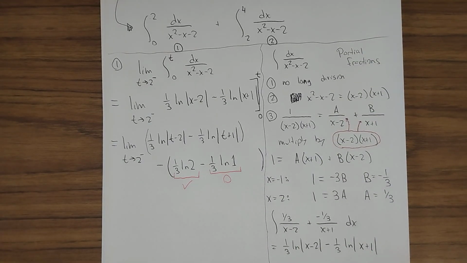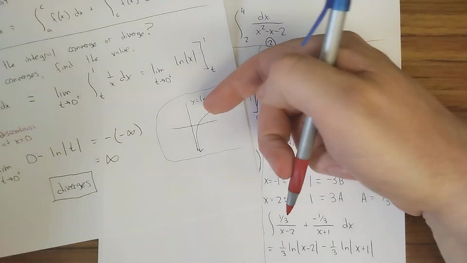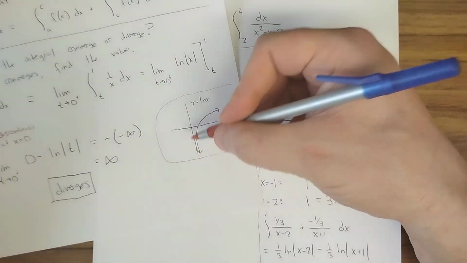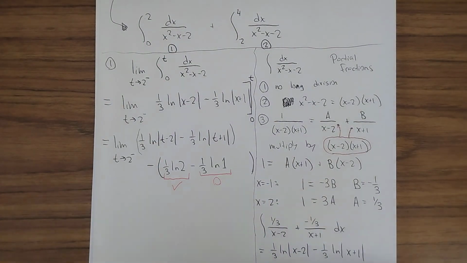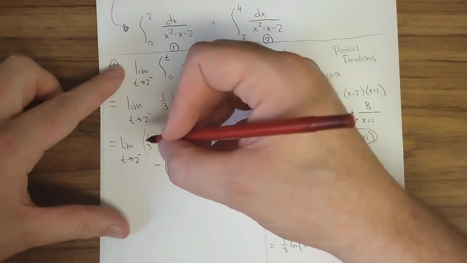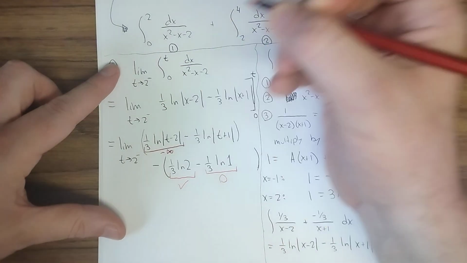Do I have my picture anymore? Yeah, natural log of something going to 0 from the right is negative infinity. So this goes to negative infinity.